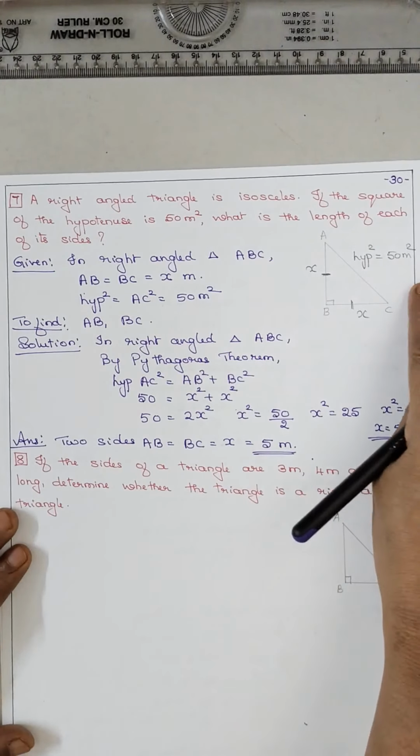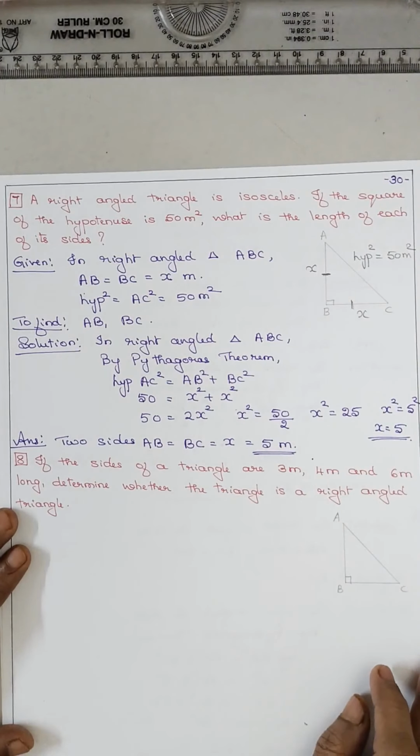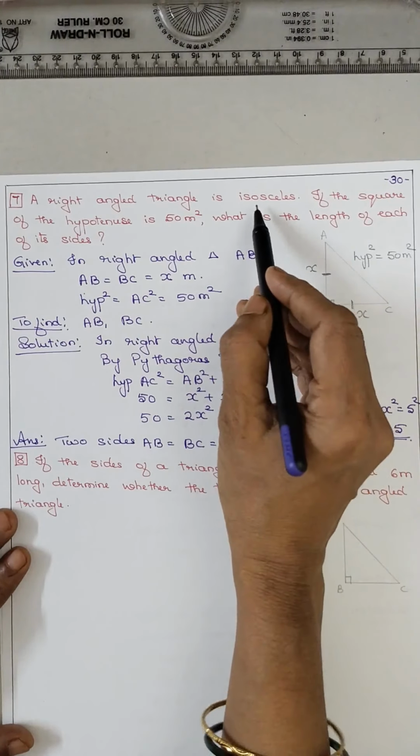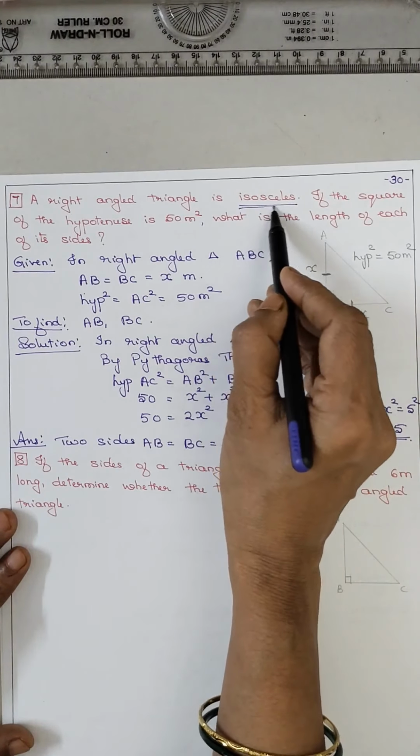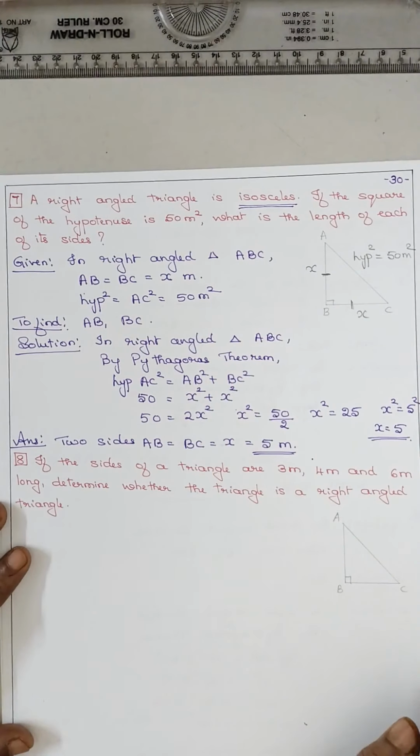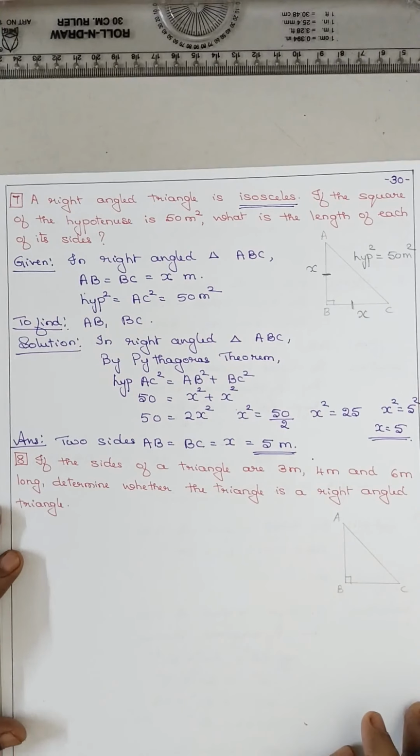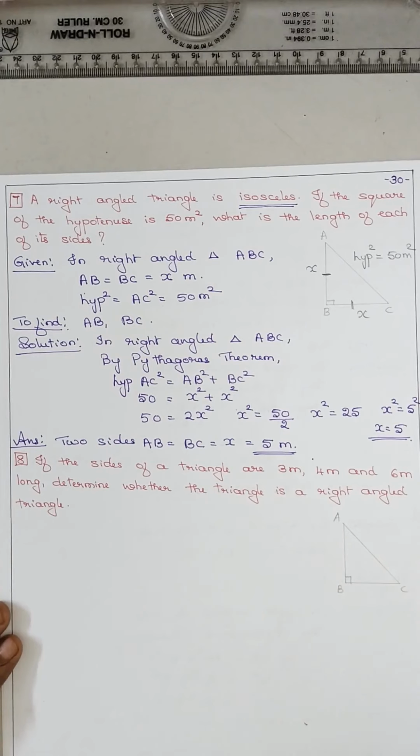It is meter square, so you have to put the unit meter. Hope you are confident. So it is isosceles. Remember, other than the hypotenuse, other two sides are equal, and take them as x.